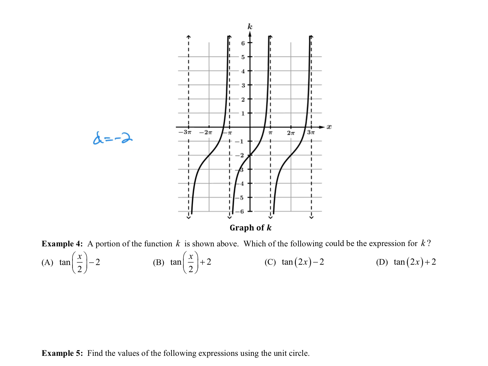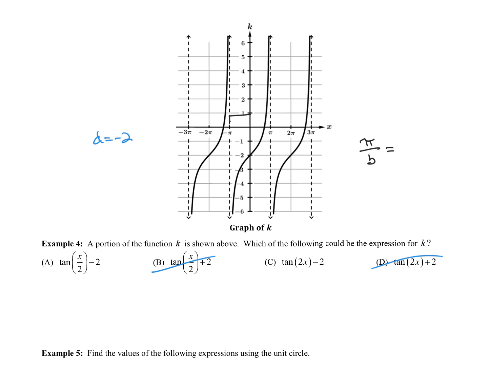And so which ones am I in between right now? A and C. Those shifted up 2 on those choices. And so now I need to figure out my period because I need to solve for my B. What's my normal period? Pi, right? And so I'm going to have pi divided by B, which is equal to what? What is the period of this one? 2 pi.